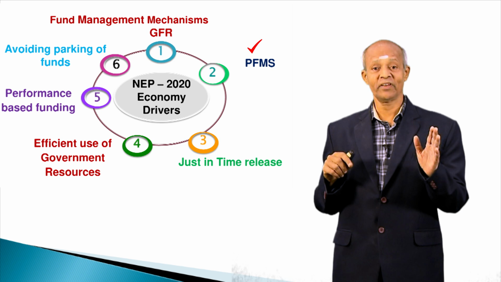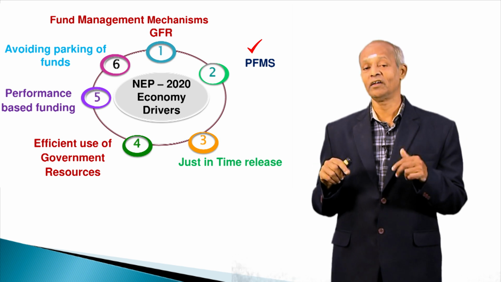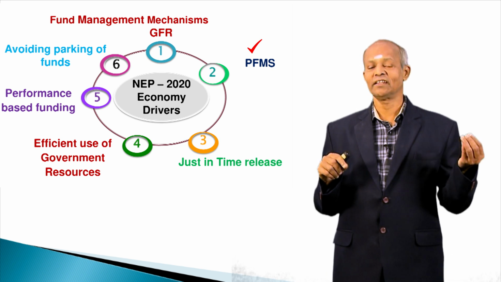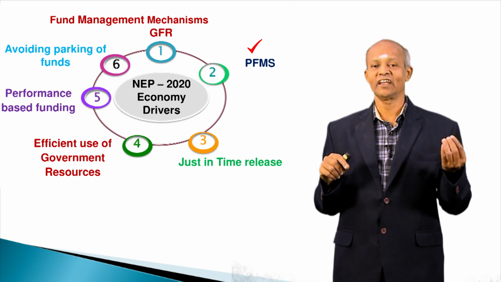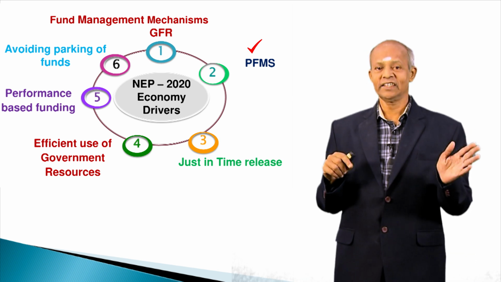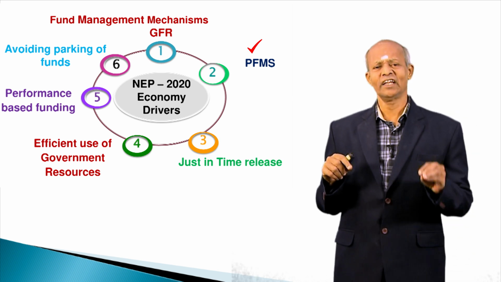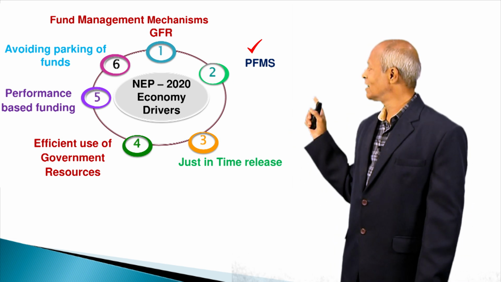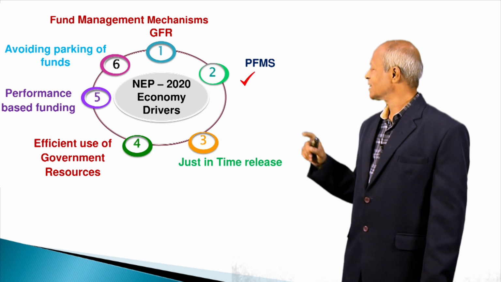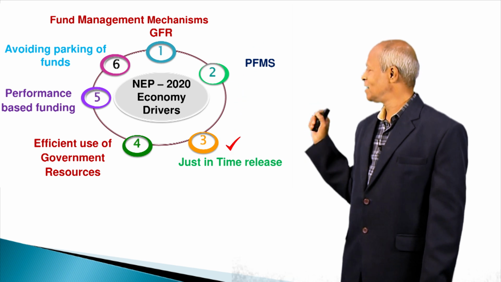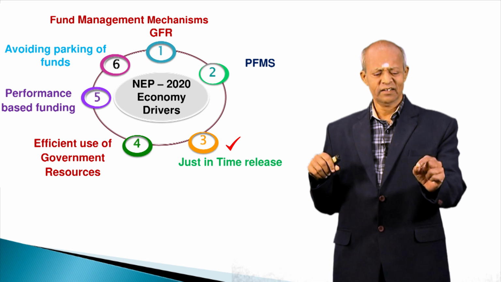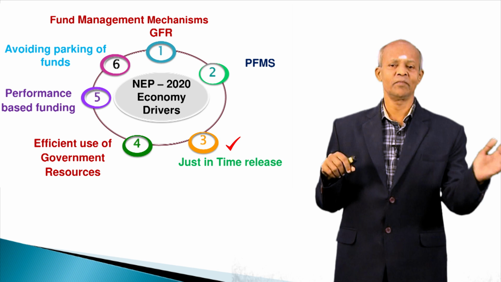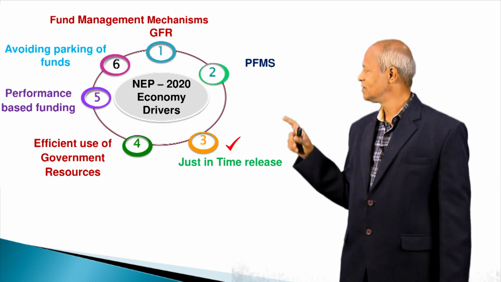Previously it was used for projects and other university related activities. Nowadays all institutions, whether a school or college, have to come under PFMS. The third one is just in time: when the finance is needed, at that time money will be given, neither before nor after.